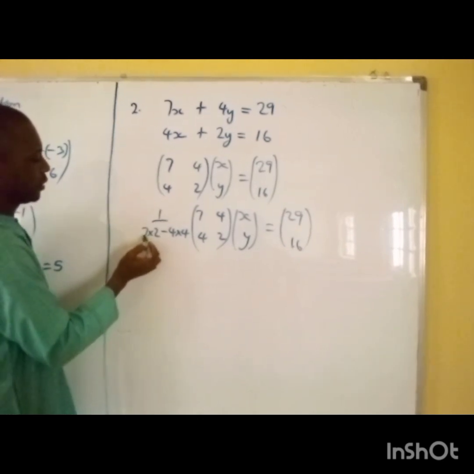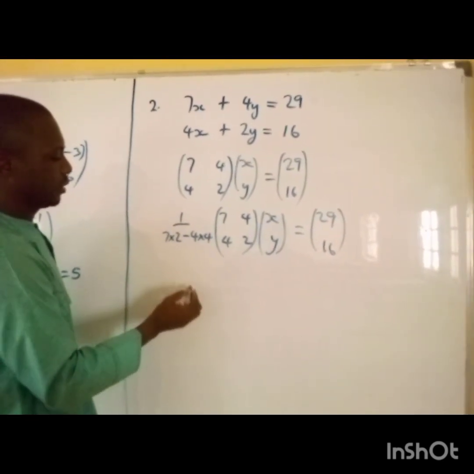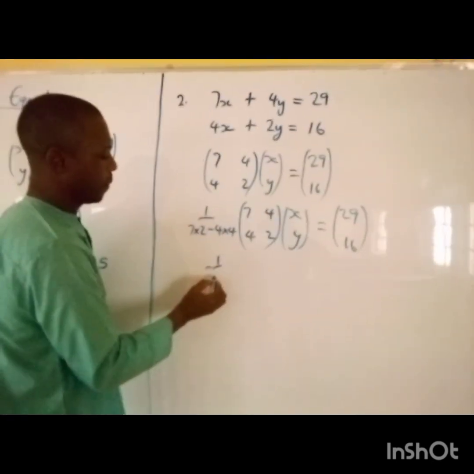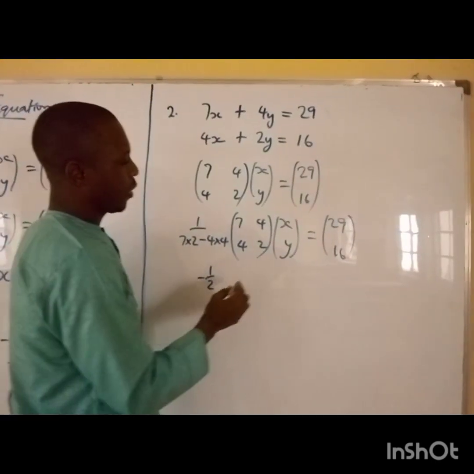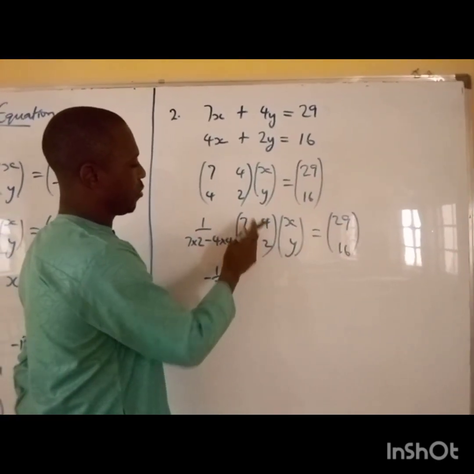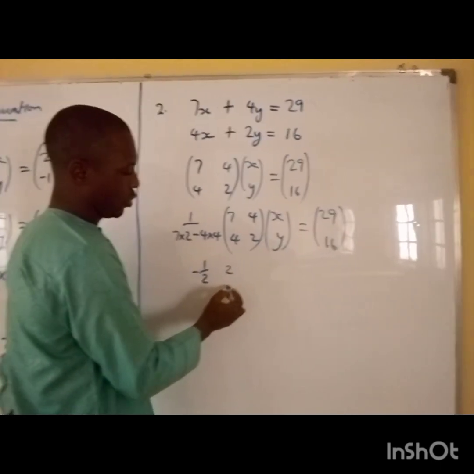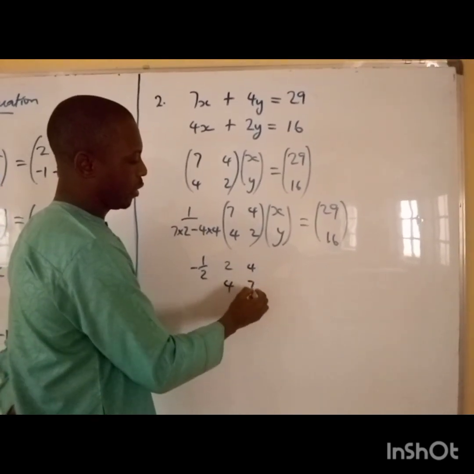Now this one is 7 times 2 is 14 minus 16, that's minus 2. So we have 1 over minus 2. Now the inverse form of this matrix is 2, minus 4, minus 4, 7.